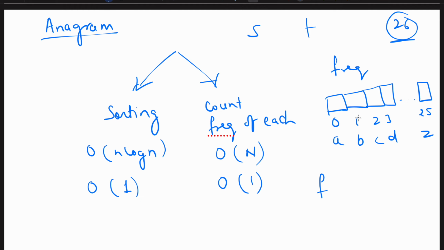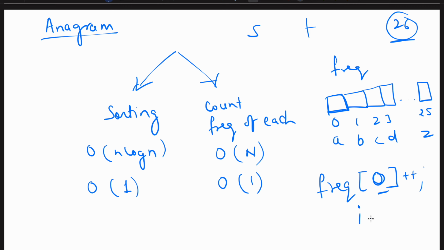To make changes at this index we need the array name, and in square brackets we need 0 here, then only we can do plus plus. How can we get 0? We can get 0 like this.